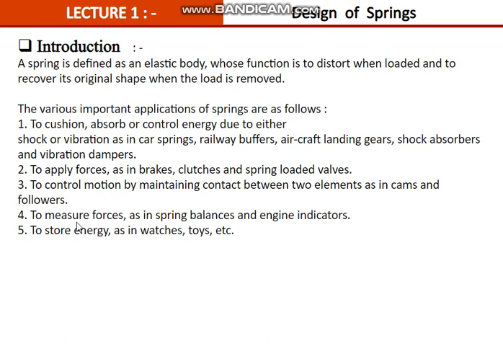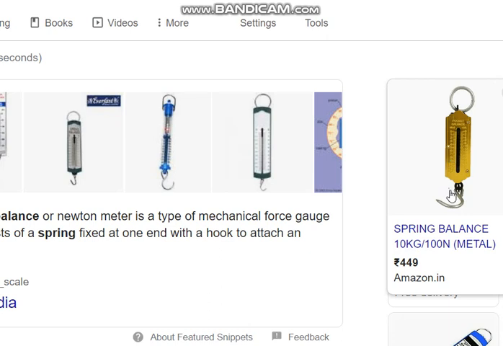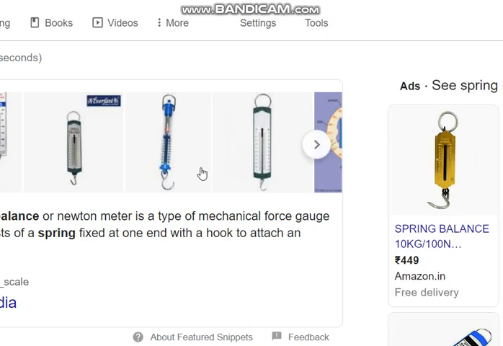Another application is to measure forces. You must have seen spring balances. Even in villages, for weighing something, they use them. Did you see a spring balance anytime? I will show you how it looks. Yes, these are the spring balances. What is it doing here?